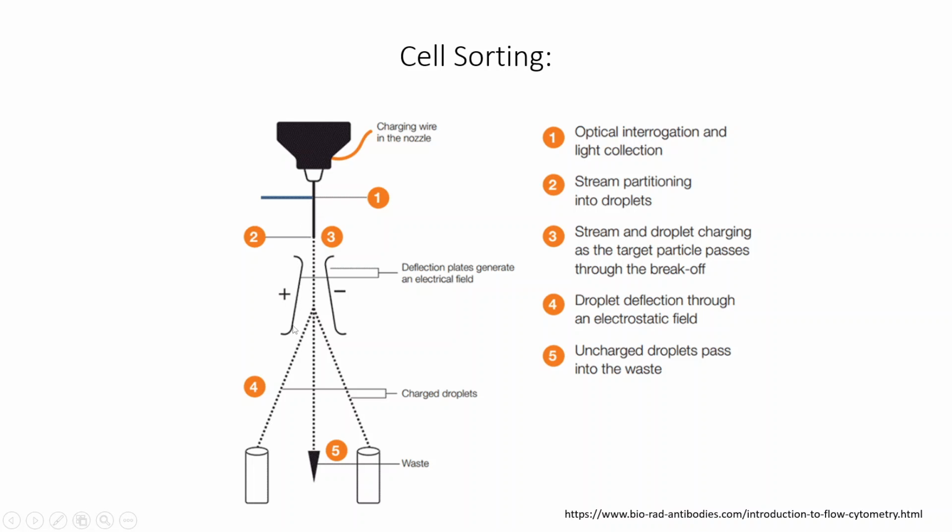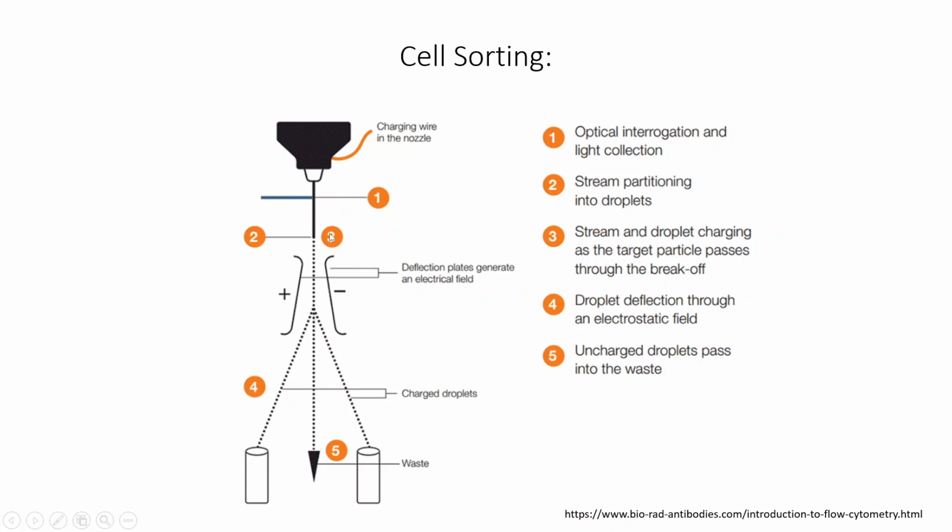If we have a whole gush of cells over here, they're not going to be accurately deflected, right? So we want individual cells in droplets passing through this electric field and being deflected based on whatever properties we want. So suppose I want cells that are big and are expressing my protein, they will be deflected, say, to number 4.